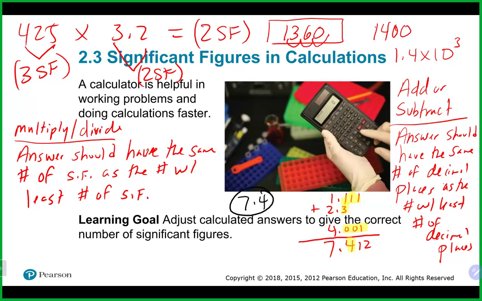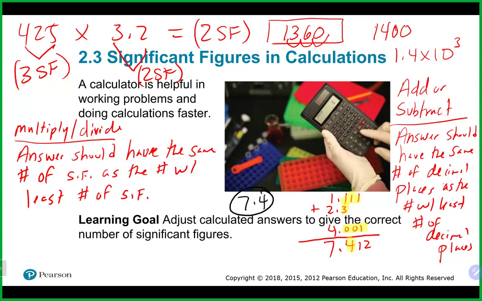7.4 has 1 decimal place. How many significant figures does it have? It has 2, and that can be really important. For example, if you take that number and use it to multiply afterwards, or divide afterwards. So sometimes we're looking at significant figures, sometimes we're looking at decimal places, when adding and subtracting. And if you're doing multiple calculations, sometimes you need to go back and forth, like, okay, that's 1 decimal place, but now we're going to need to look at significant figures.